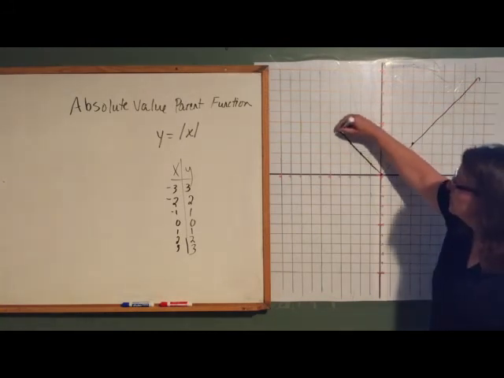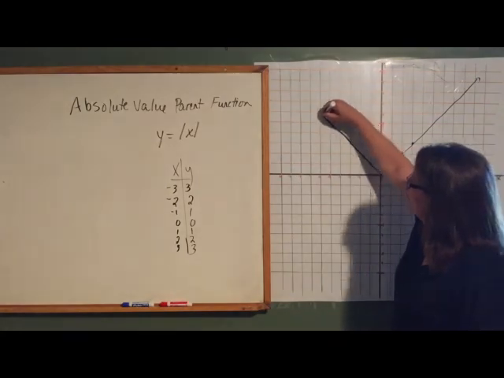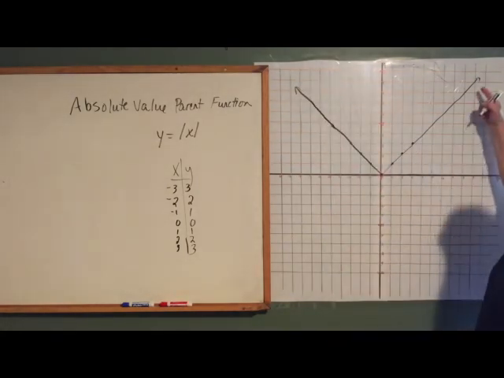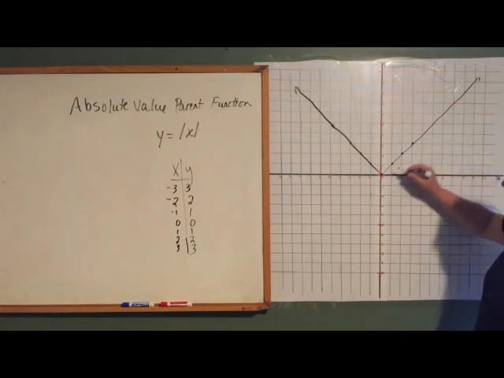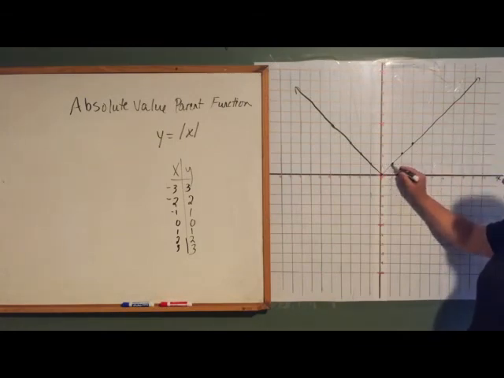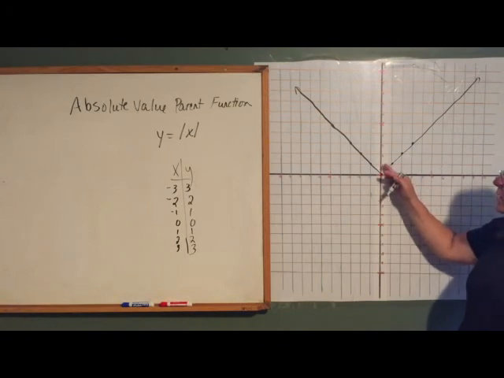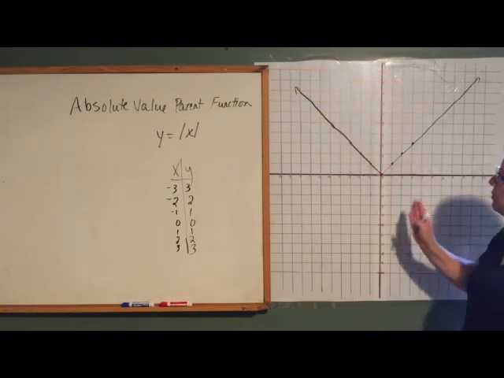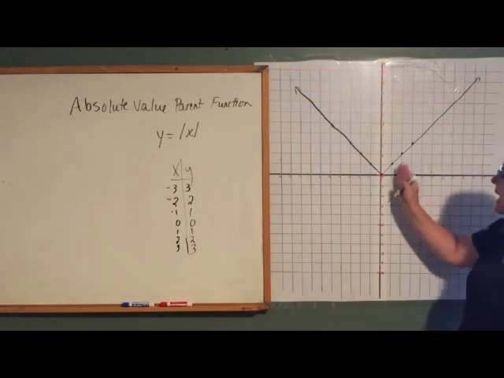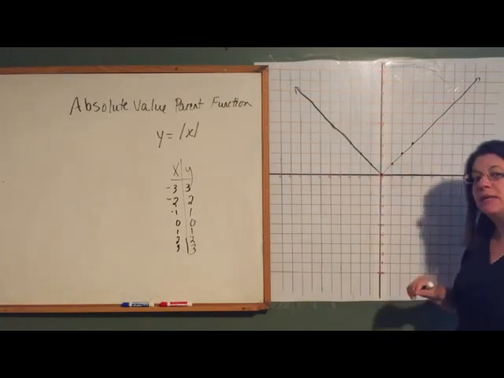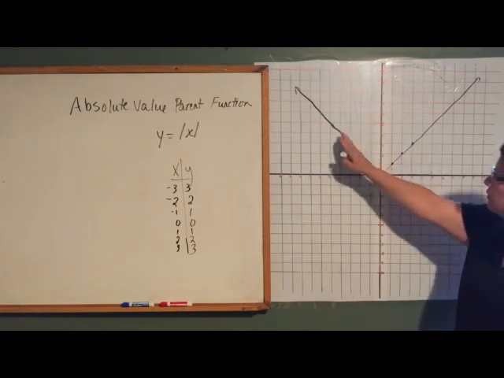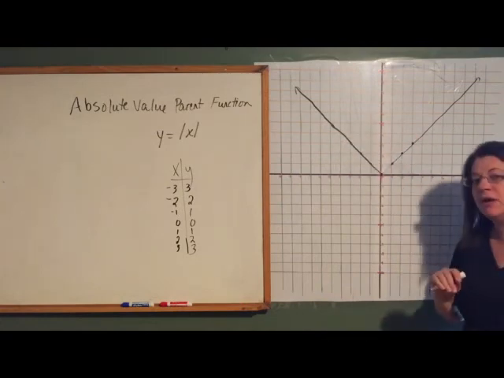And if you notice, as I'm doing this, look at the slope of this side. You go up 1, right 1. So the slope here is 1. The slope here is -1. So you're going to have a slope on the right and the left, and those slopes are going to be opposites of each other. Notice if we fold this across the y-axis, it would be symmetrical.